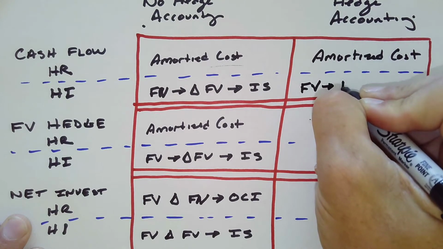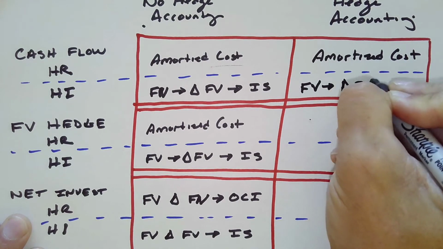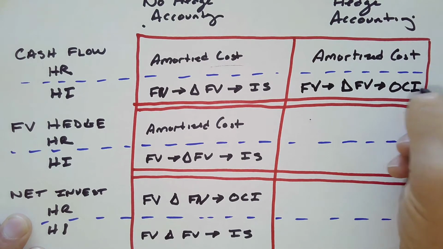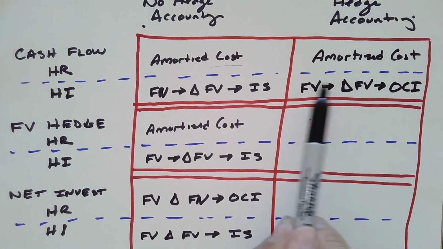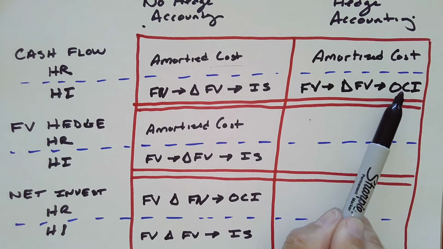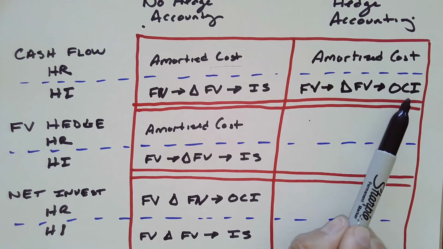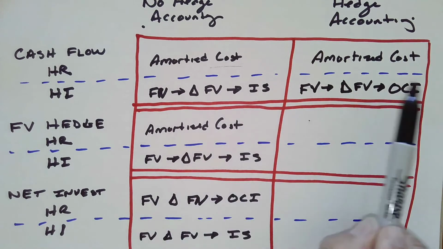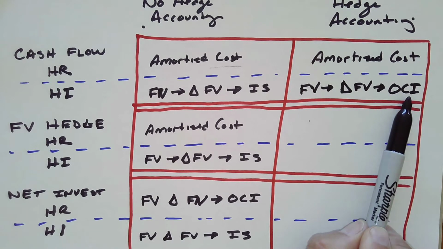And the changes in fair value need to go somewhere. Where they're going to go is to OCI. This makes an assumption that the relationship is effective. Okay. So now it's not going through my income statement, but it is still being represented in other comprehensive income.